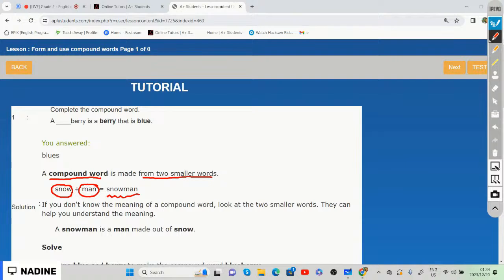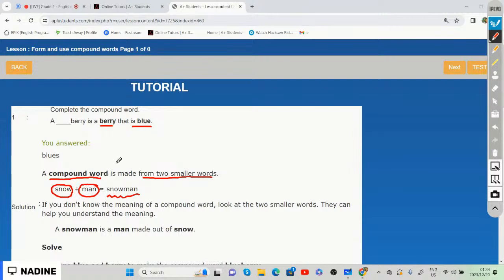All right, so now we're going to complete the compound word. A what berry is a berry that is blue?